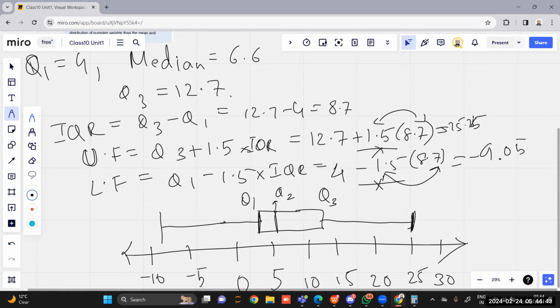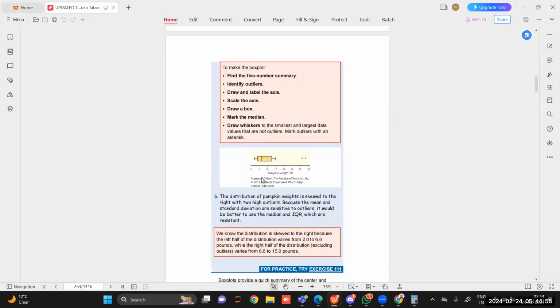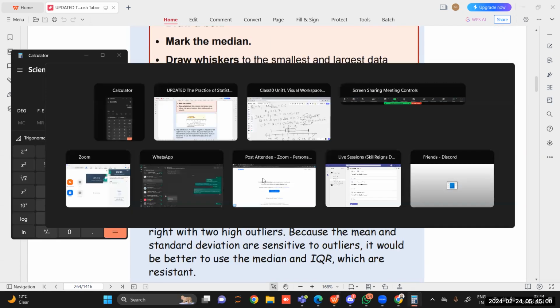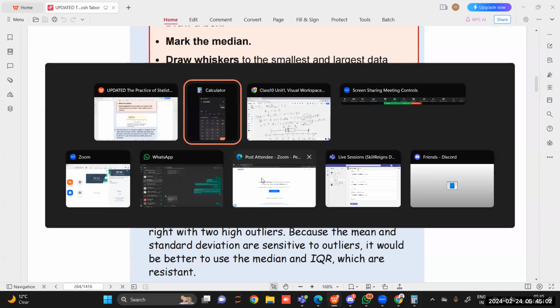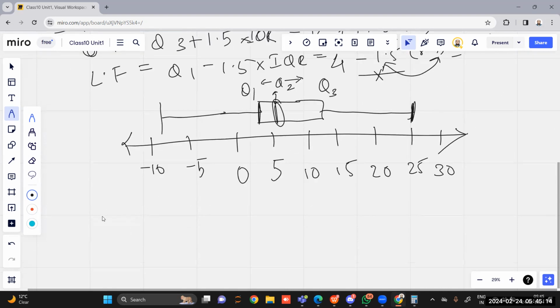It doesn't mean that Q2 will always come in the middle. It can shift towards the left as well as towards the right, depending on the distribution of the data.